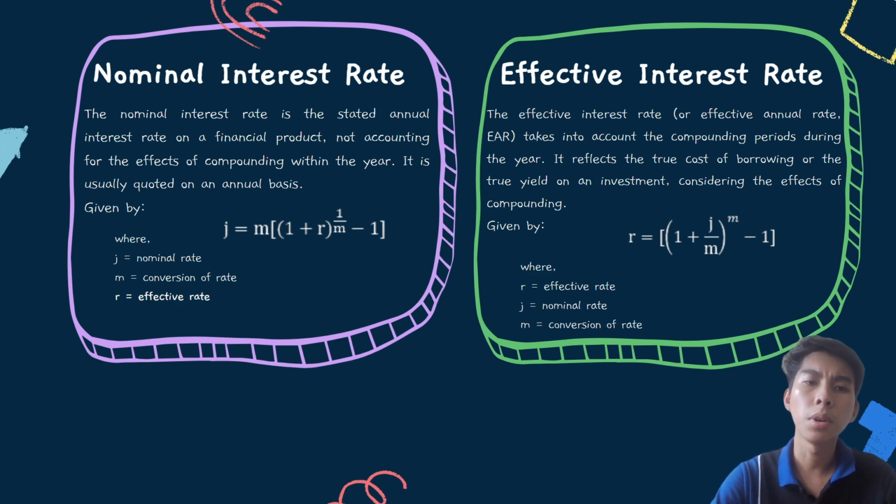So understanding both the nominal and effective interest rate is crucial for several reasons, especially when it comes to making informed financial decisions. To further understand this kind of problem, we have some examples to solve.